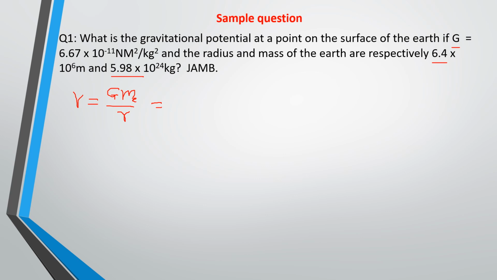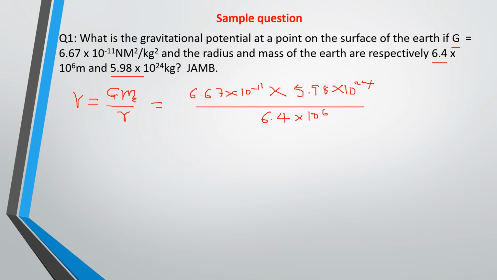If you substitute into this equation, you are going to have that G is 6.67 times 10 raised to power minus 11, that's given to you, multiplied by the mass of the Earth, which is 5.98 times 10 raised to power 24, all over 6.4, which is the radius of the Earth, times 10 raised to power 6.